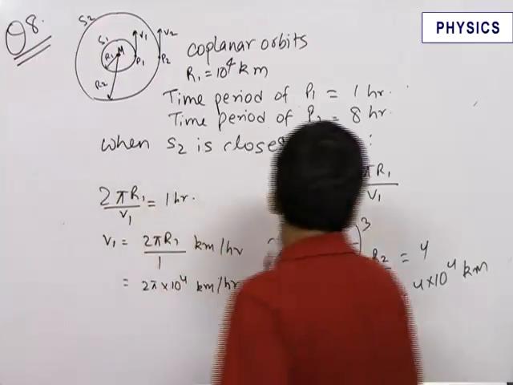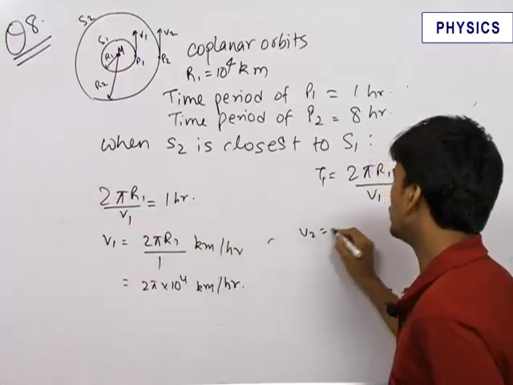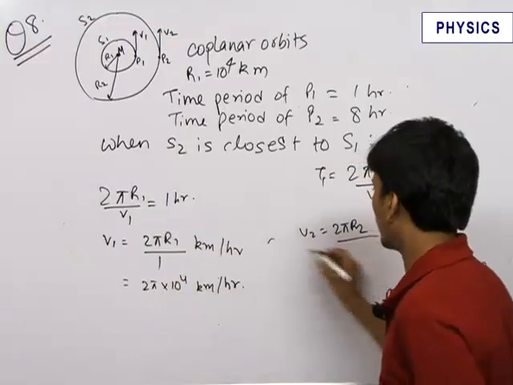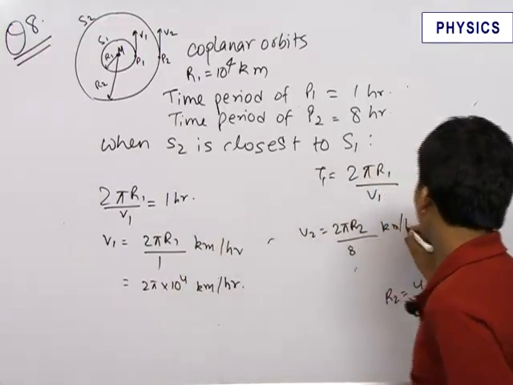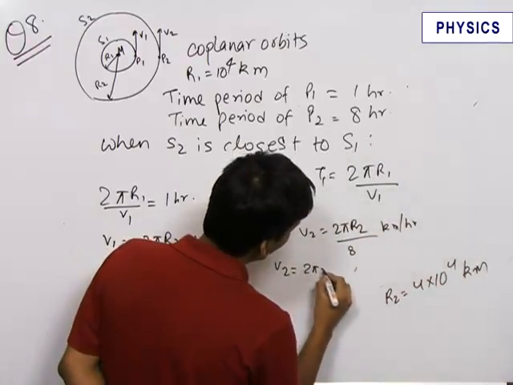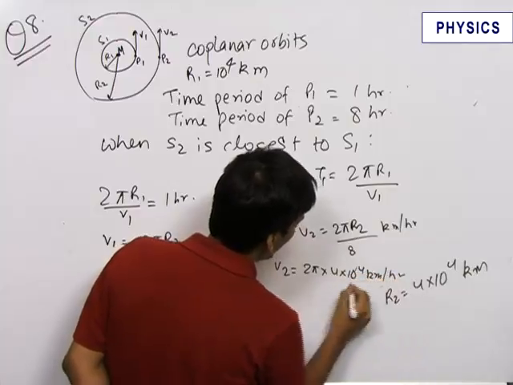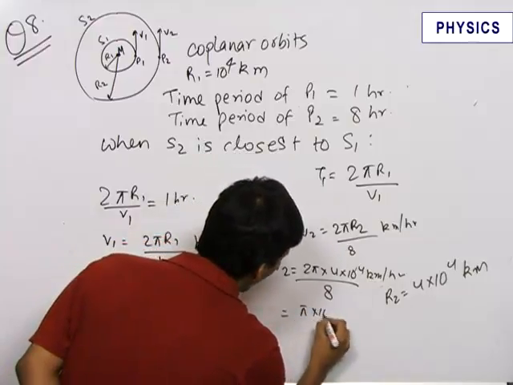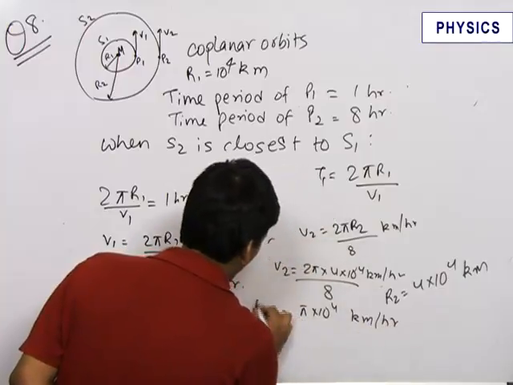Similarly, we can write v2 is equal to 2 pi r2 upon the time period, that is 8 hours, in kilometers per hour. This is equal to 2 pi into 4 into 10 raised to the power 4 kilometers per hour divided by 8. This is equal to pi into 10 raised to the power 4 kilometers per hour.